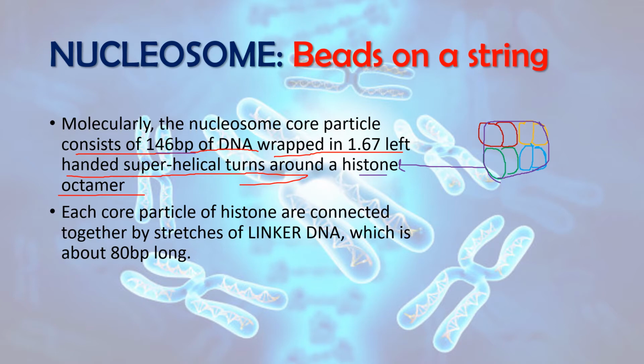So what stretch of DNA is wrapped over this nucleosome? These are 146 base pair of DNA. And they do not completely take 2 turns. In fact, less than 2 turns, that is 1.67 left-handed superhelical turns.